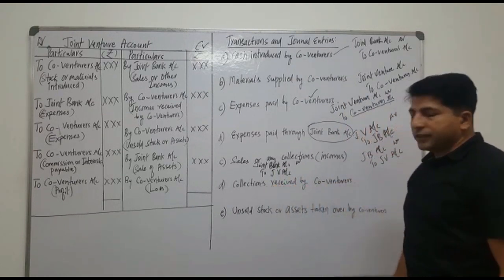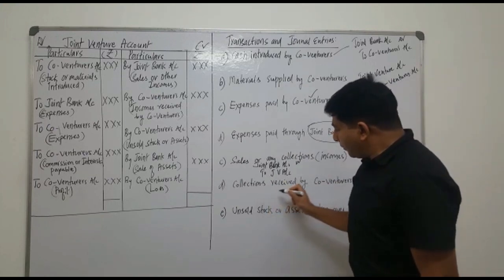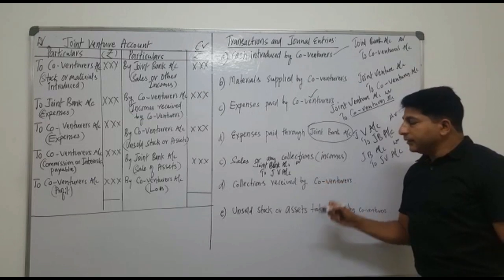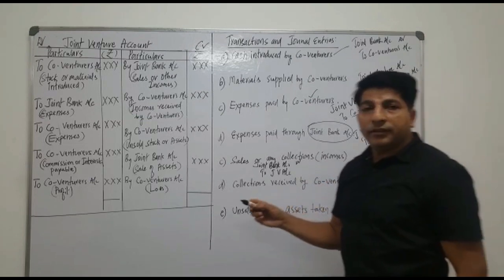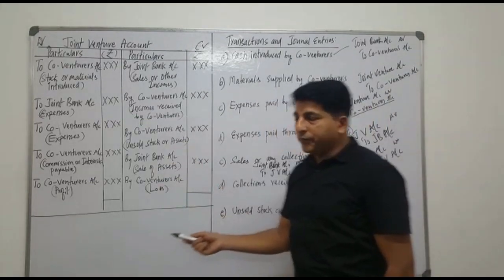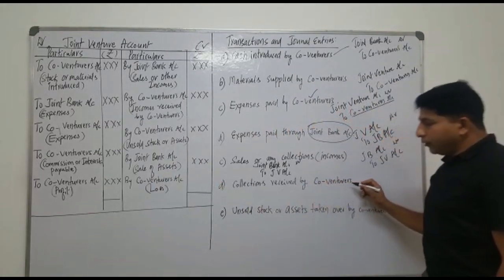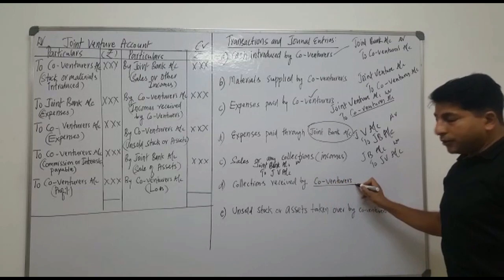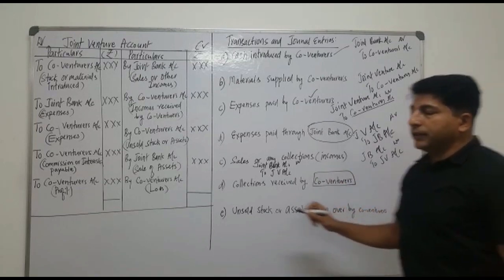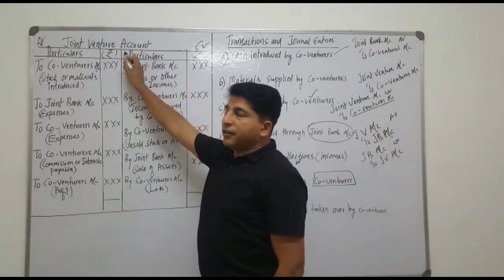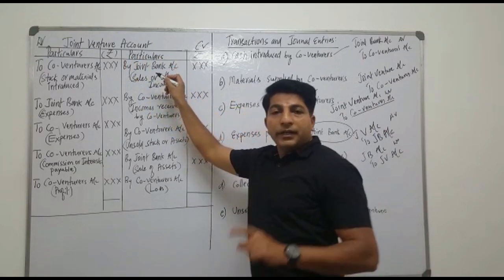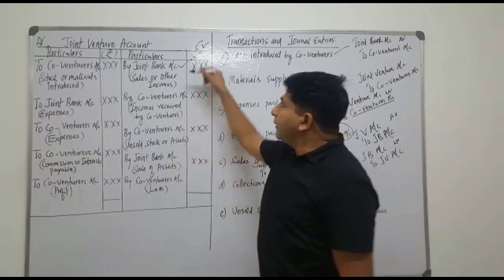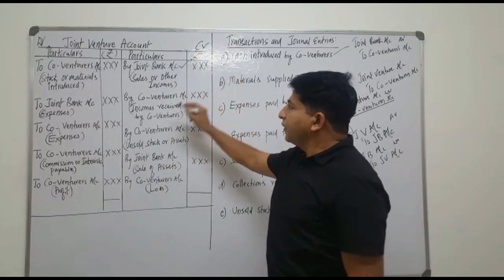Collections received by co-venturers. Sometimes the co-venturers will directly receive the income of the venture on behalf of the venture. So there you should not write the joint bank account. There you should write the name of the co-venturers account. Any income received and deposited to joint bank account will be debited to joint bank account and credited in joint venture account.